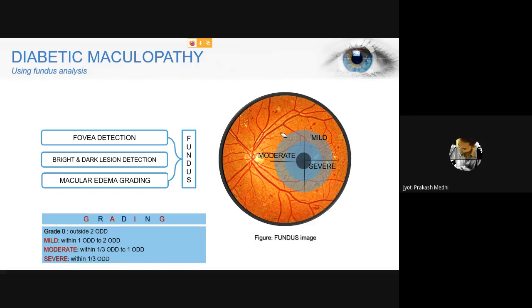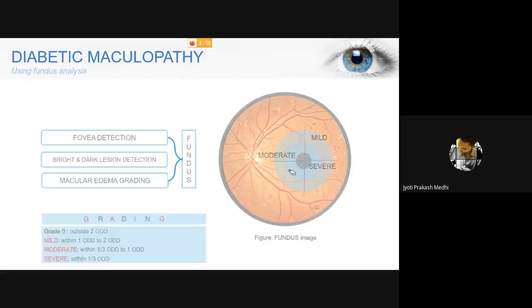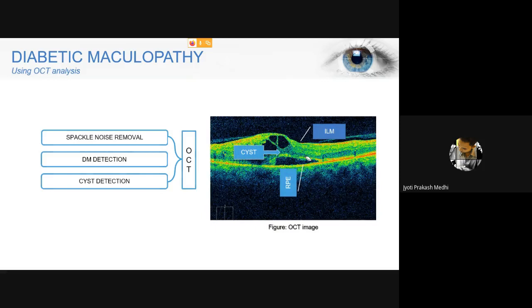Now, these blood vessels are lying over the surface of the retina, but at the same time, there are various blood vessels that are lying over the upper lining of the retina and the lower lining of the retina. Now, these blood vessels, due to diabetic retinopathy, start penetrating the retinal layers. So, while penetrating, if they burst, they will accumulate fluids.